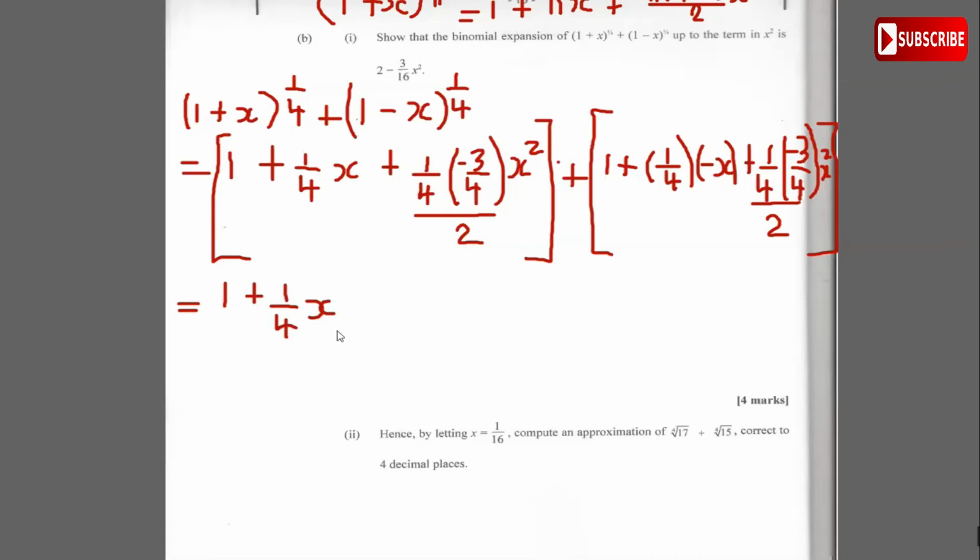That's minus 3 over 32, minus 3 over 32 x squared. Then we're going to get plus 1 minus a quarter x, then minus 3 over 32 x squared.